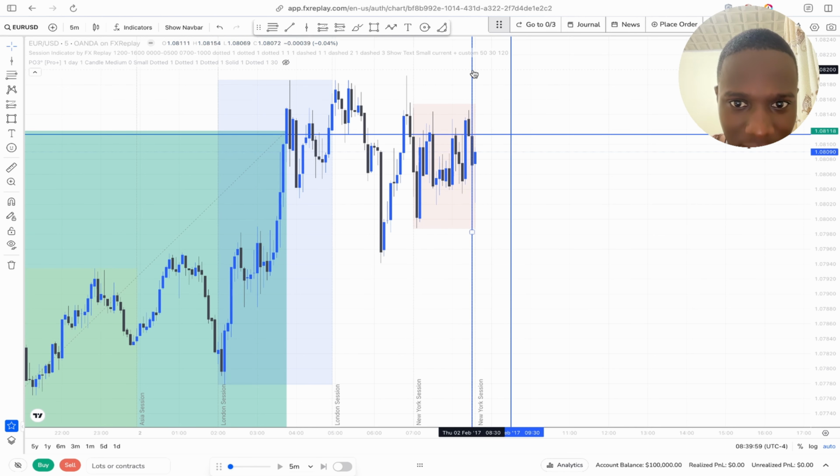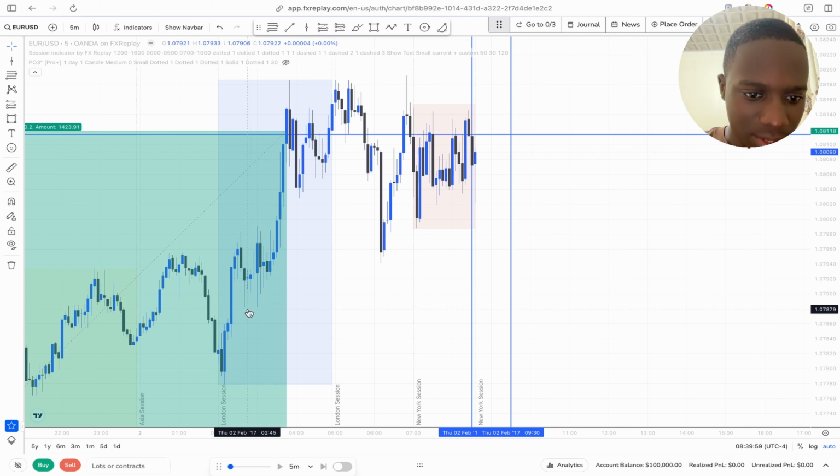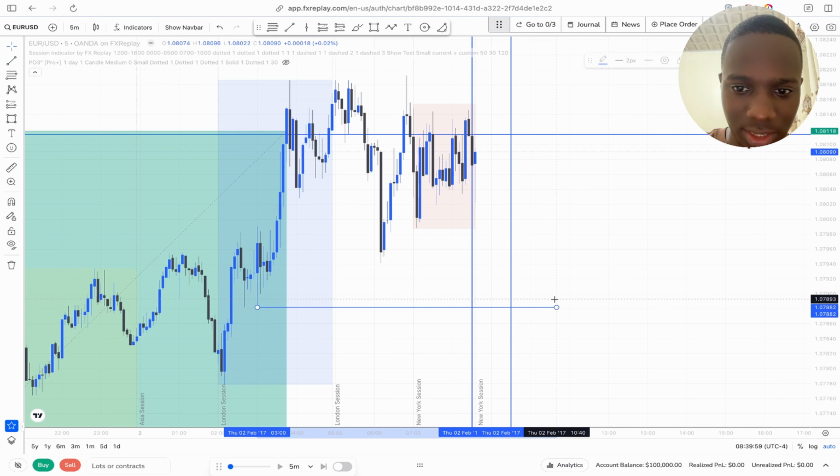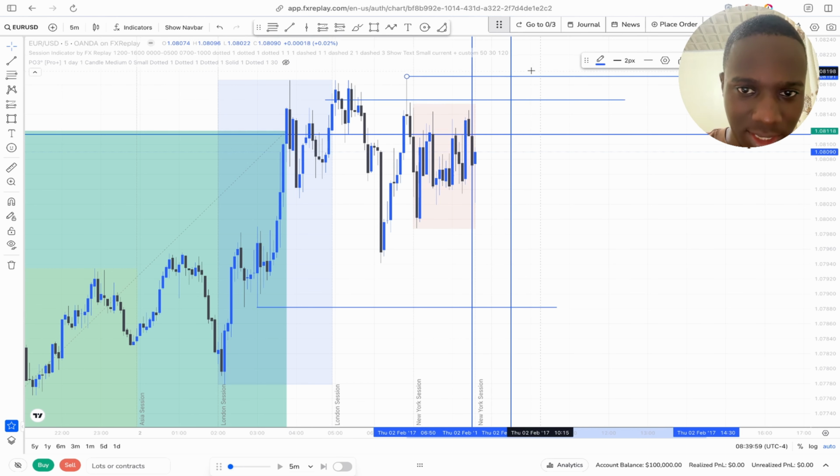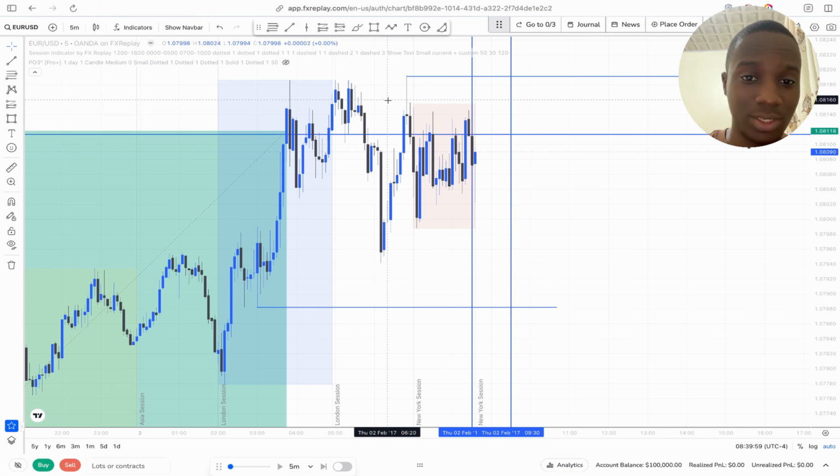New York session will start by taking these highs or lows out. So we have this one, a swing low that London created. We also have this one right here, the swing high of London. All right, these are important liquidity levels to look out for. Let's hide this again.